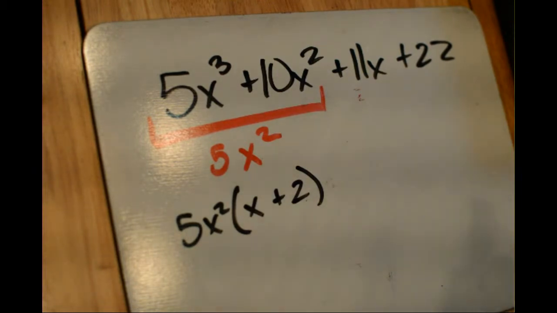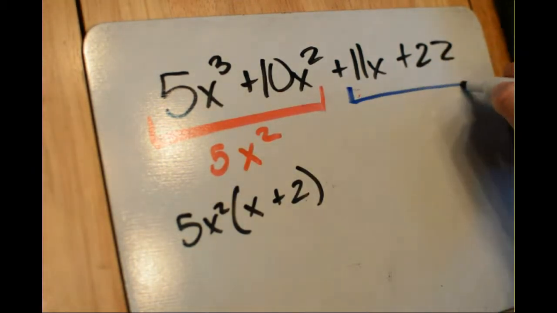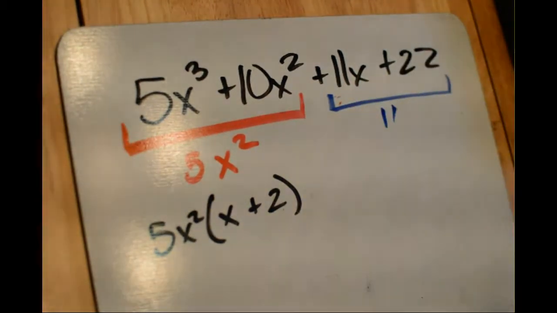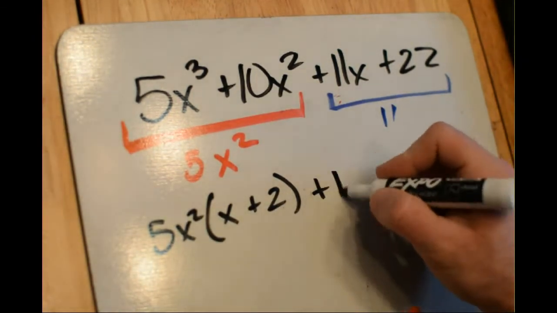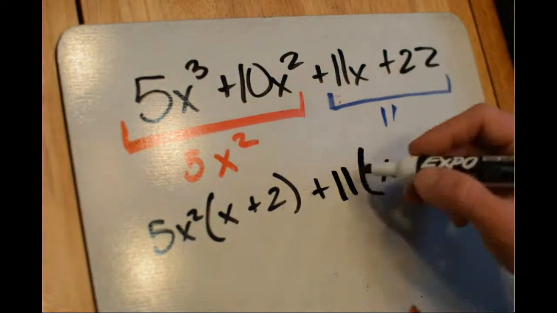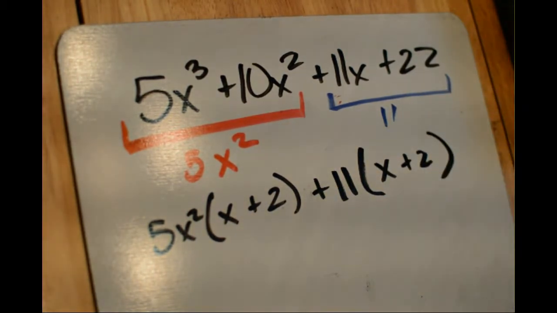I want to do the same thing here with these last 2 terms, 11x and 22. Well, 11 goes into both of those, it divides those evenly. So I'm going to go ahead and factor out a positive 11. When I divide that out, I get x. 22 divided by 11 is 2, and so I've factored out the GCF from the last 2.